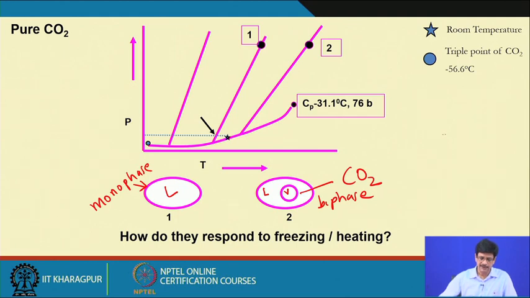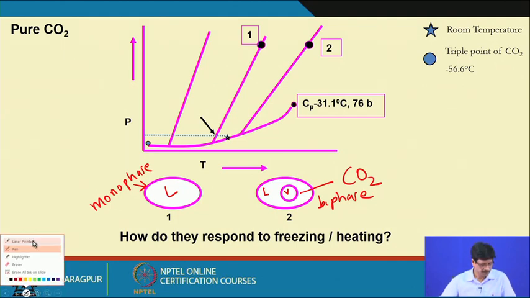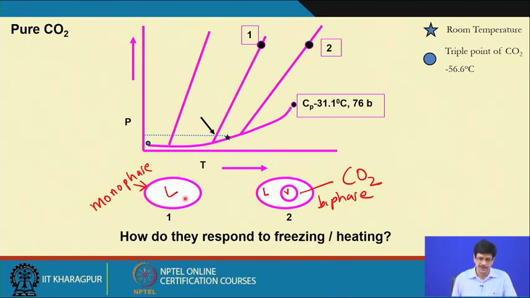Now, what will happen if we see this inclusion at this particular point as a monophase, and if we decrease the temperature? If it is put into the heating freezing stage, where the temperature could be lowered below room temperature, a slight lowering of the temperature can make it change from a monophase to a biphase condition.